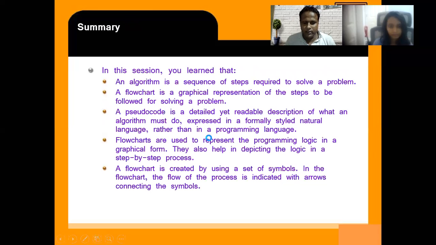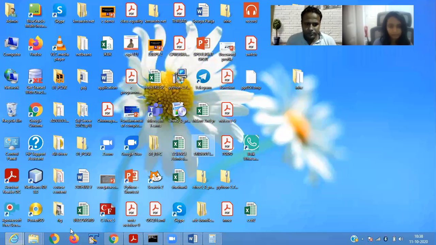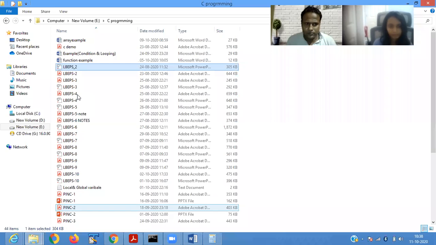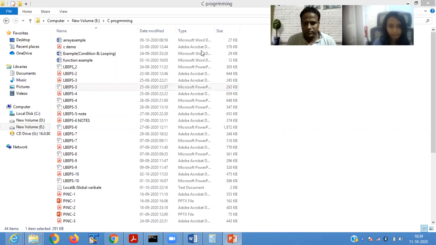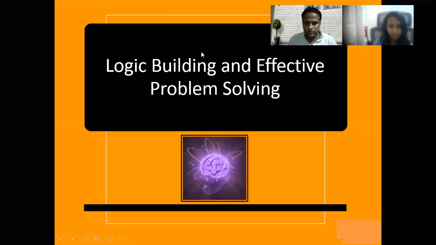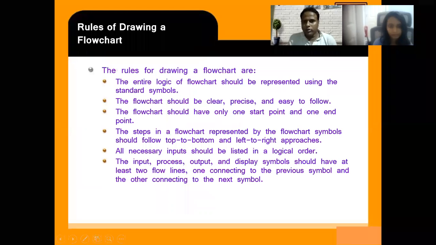Next, we move to the rules that you have to follow while drawing a flowchart. While you draw the flowchart, what rules do you have to follow?